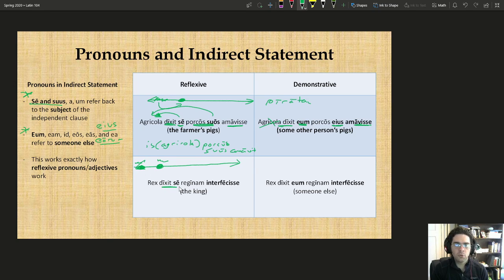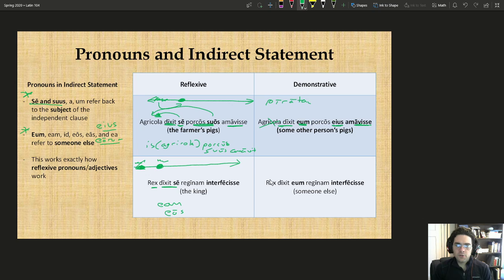But because we use the word se here instead of something like eum, or it could be eam, could be eos, could be a group of people, but we know that since it's se, it has to refer back to rex. So the subject, then the king, is the one who did the killing.